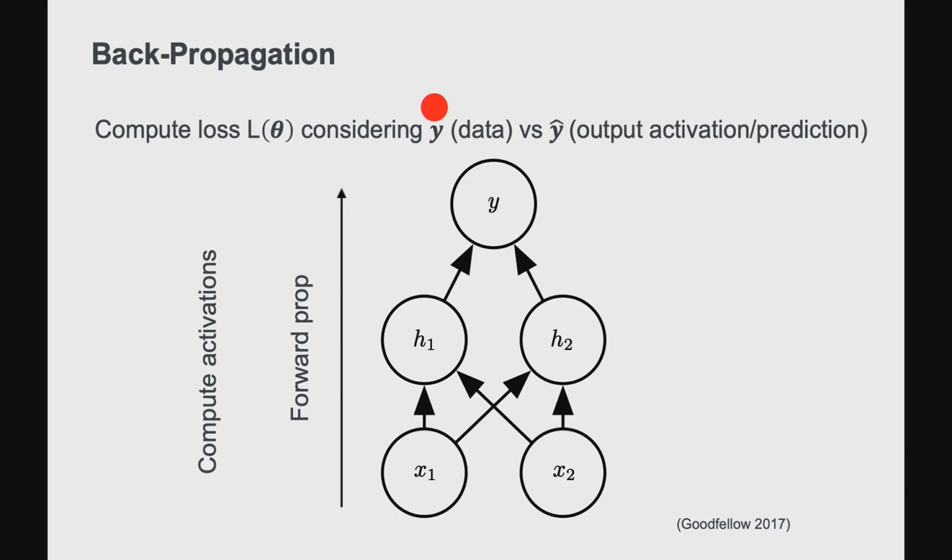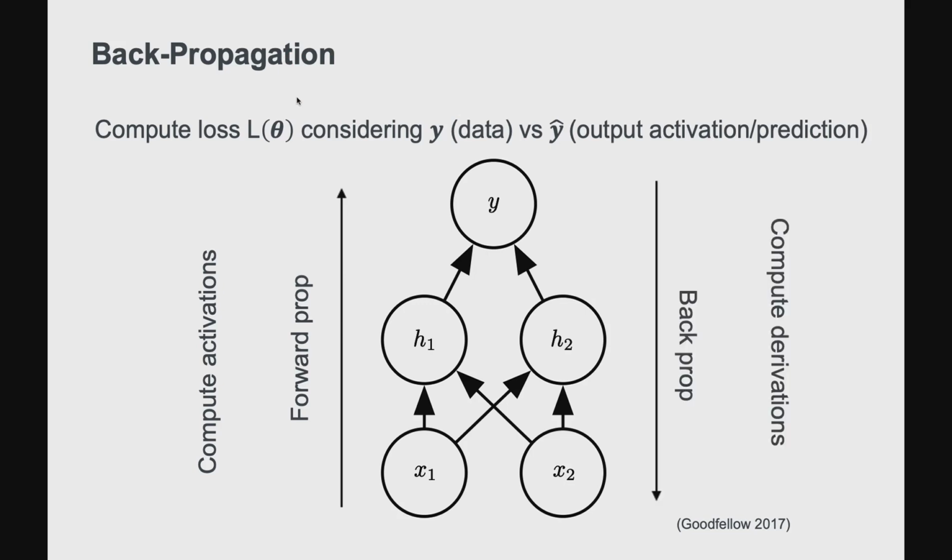And by comparing the label y versus your prediction y hat, you compute the loss, depending on the loss function, of course. And now the idea of backpropagation is that there is a mistake that you do here, well, the loss, and you backpropagate this loss along this chain of computations.